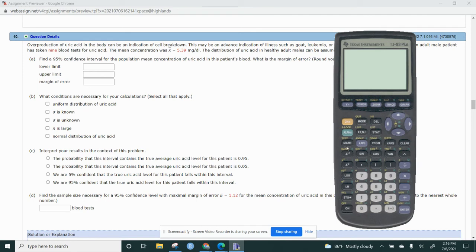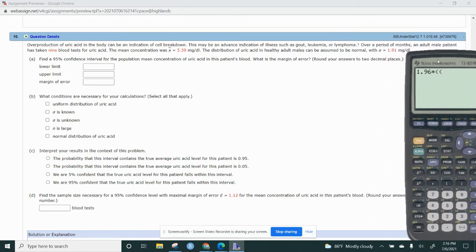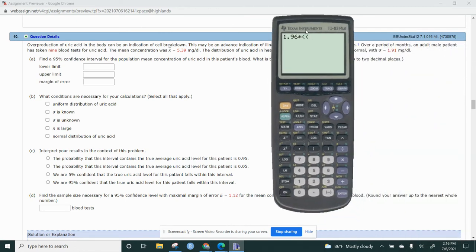So let me bring this up. I'm going to clear this out. 1.96 times, parentheses again, the standard deviation of 1.91, sorry, flipping those numbers today.